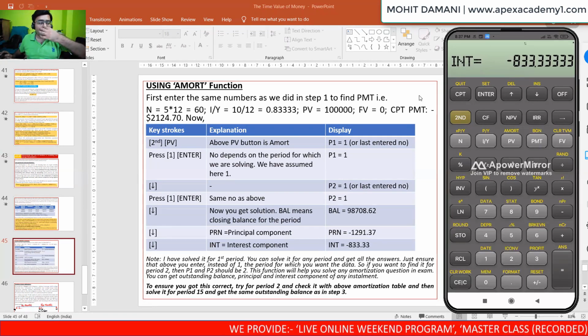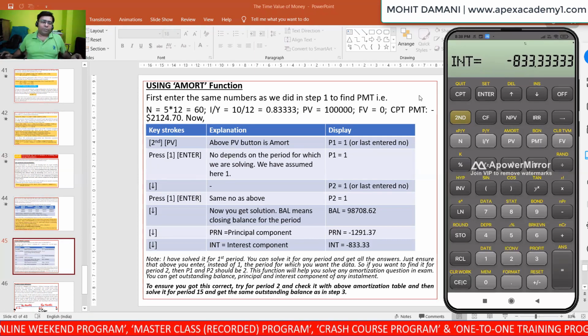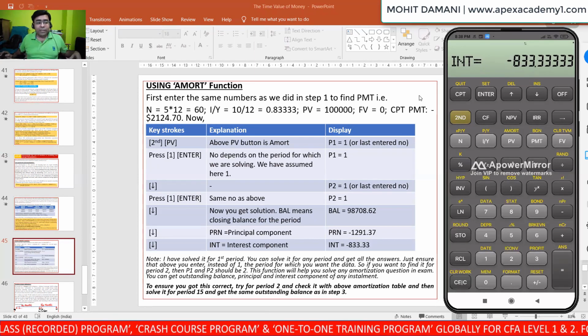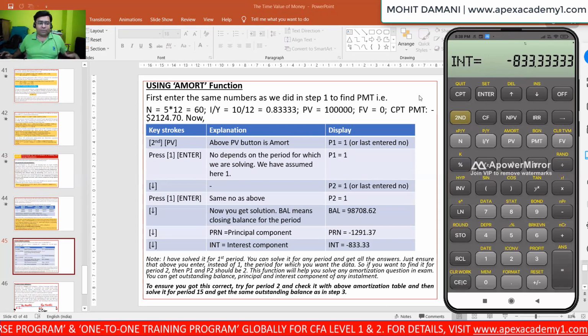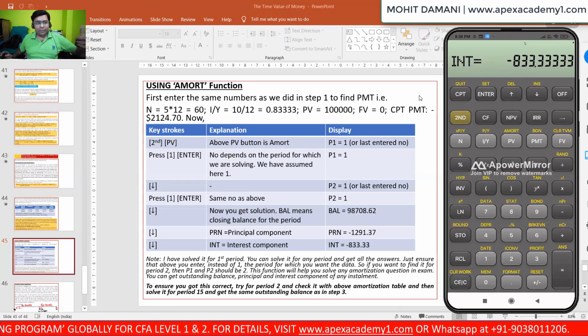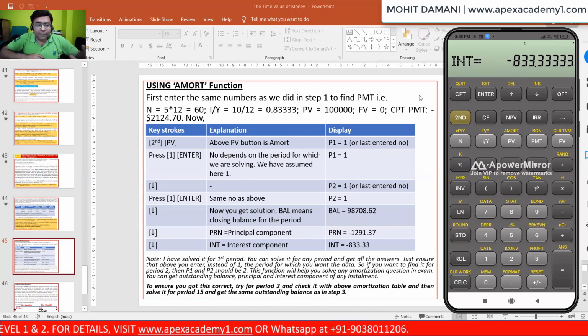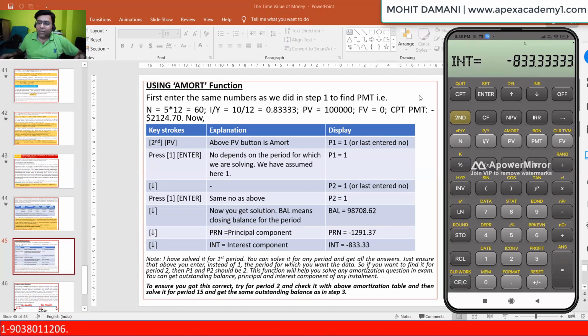If you take two different numbers, it does some interim calculation. That is something used by actuaries, CAIA, CIB, and other things, and CFA does not cover that. So that is why I don't want to derail this topic now. For you guys, you can enter P1 and P2 as the same number, and then continue.